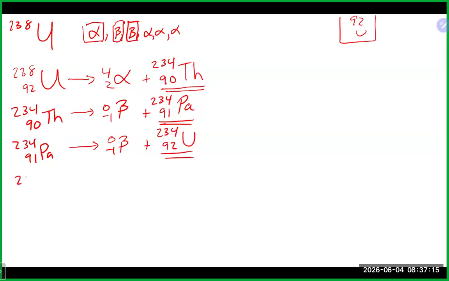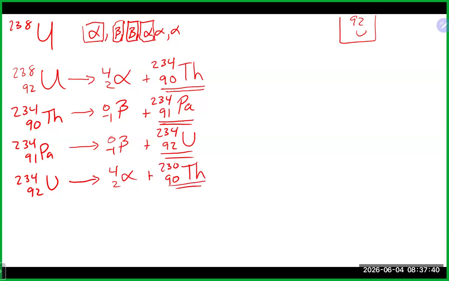The uranium 234 will then go through an alpha decay. Here, we're going to take 2 off. That's going to take us to 90. 90, as we saw earlier, is Th. And 234 minus 4 will get us to 230 in this case.